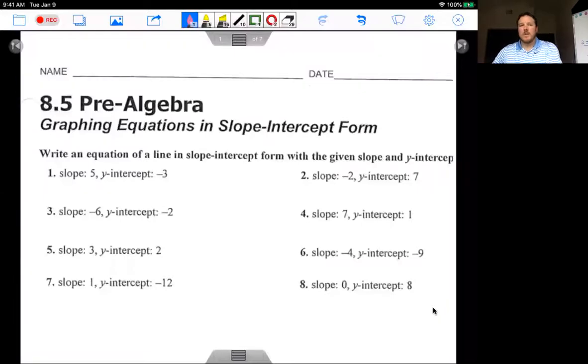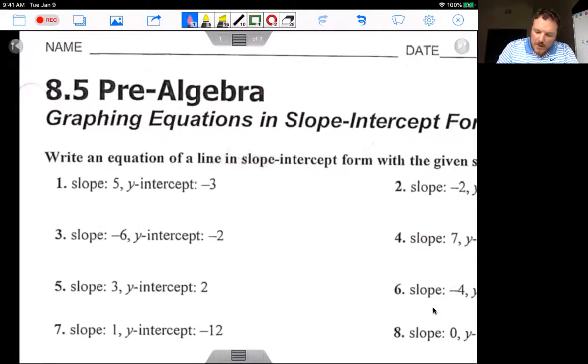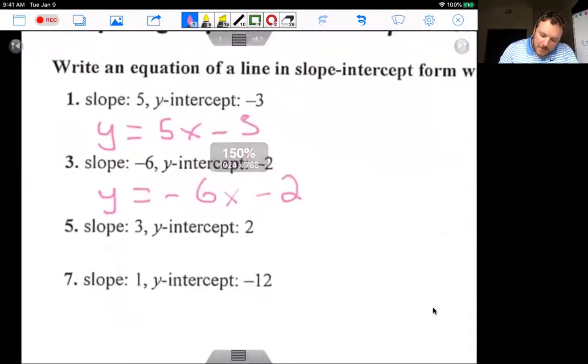All right, so here on the homework, problem number 1. All these were given everything we need, so we just have to write it down. So we'd have y equals 5x minus 3, y equals negative 6x minus 2, y equals 3x plus 2.